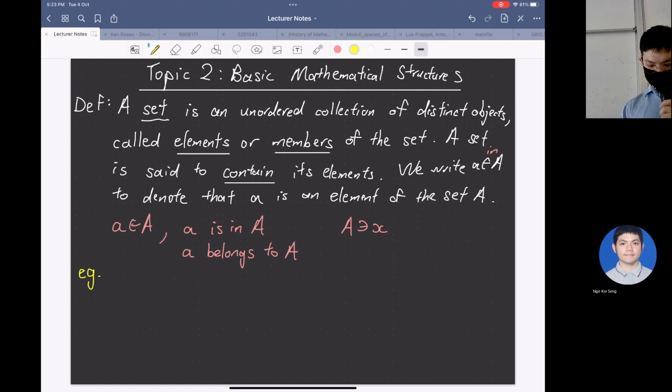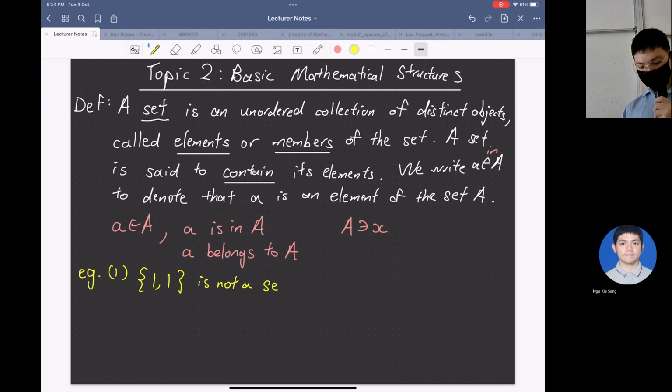So let's see an example. For example, this thing. Is this a set? No, it is not a set.